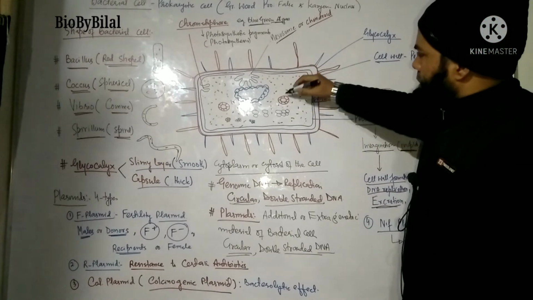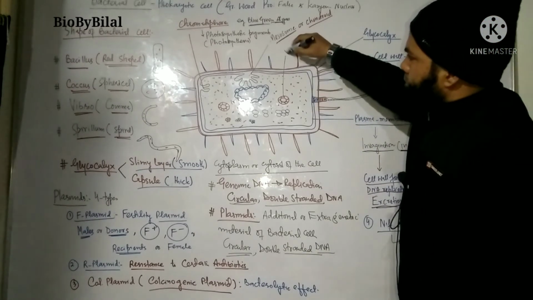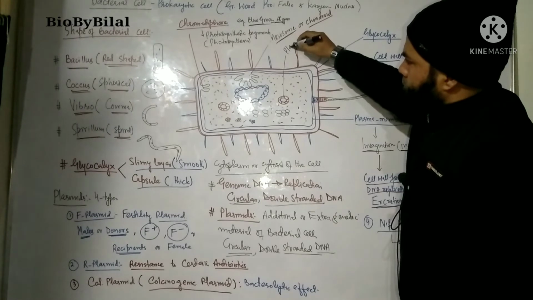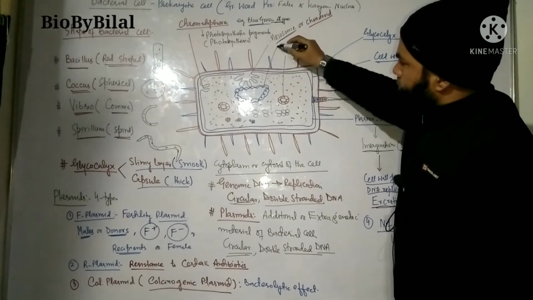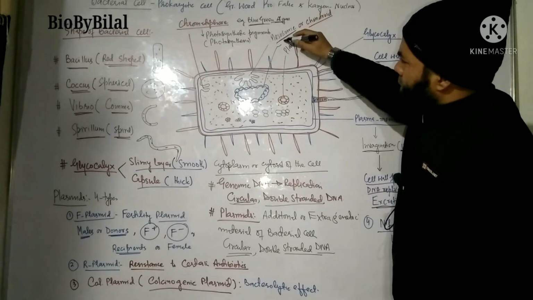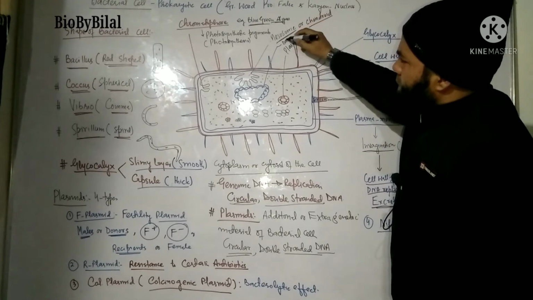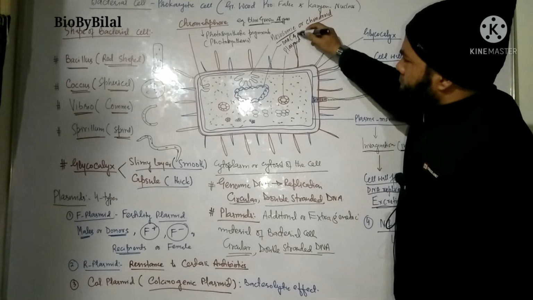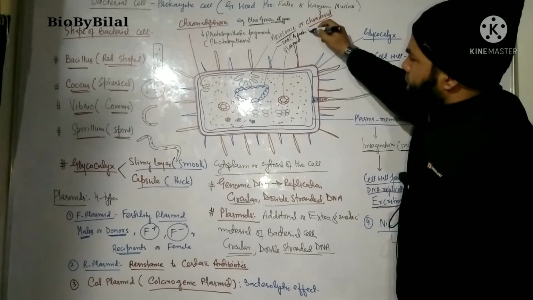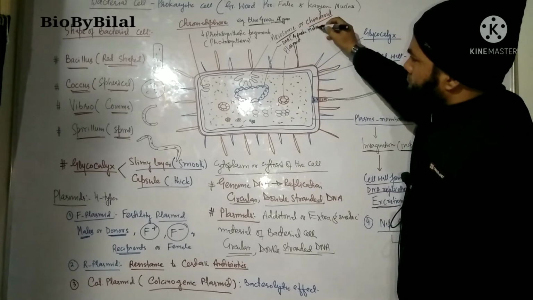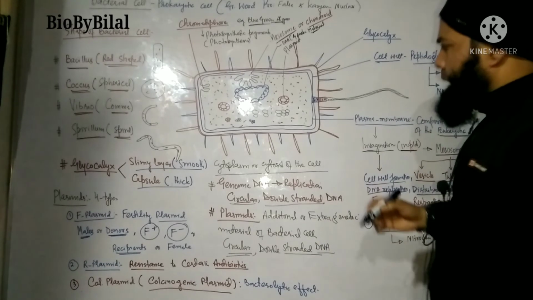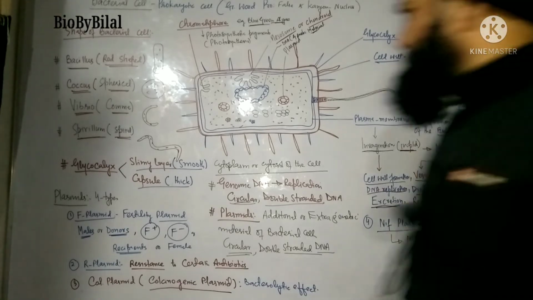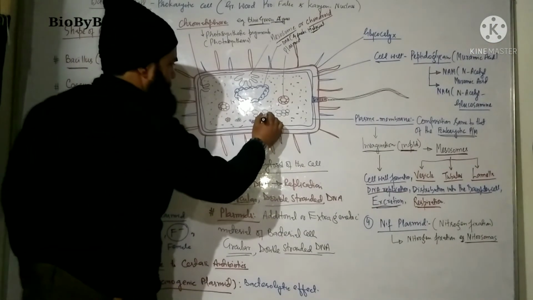Here we can mention this is the plasmid, and this is called the DNA or genetic material. Keep remembering these points. And the bacteria also contain the ribosomes here.